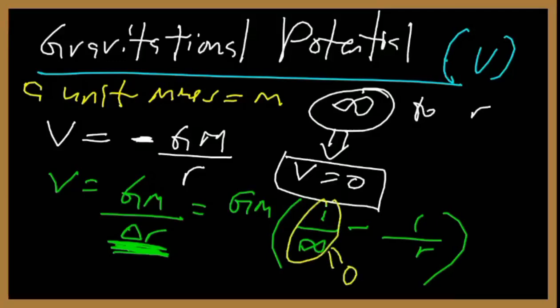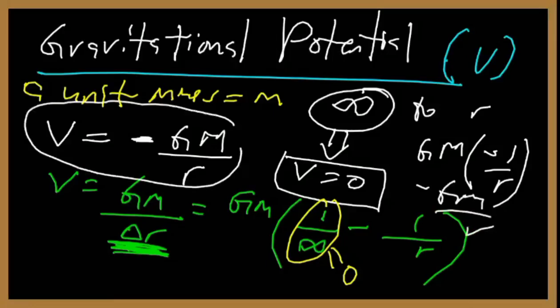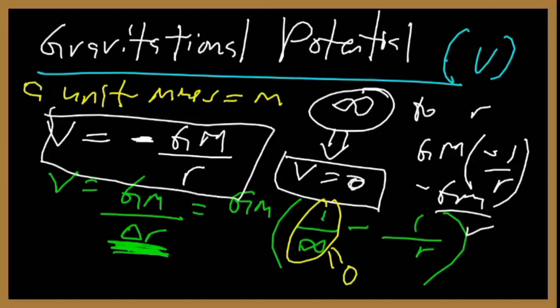So the formula shrinks to GM times 0 minus 1 over r, which gives minus GM over r. So this is negative just because the potential at infinity is equal to 0. Take note of this formula. But when we are solving, we always neglect the minus sign and just say V equals GM all over r.